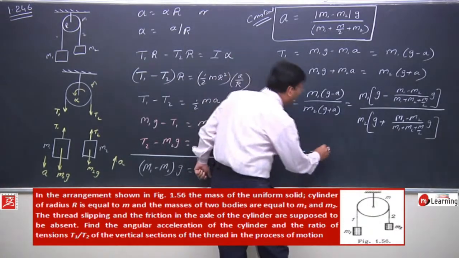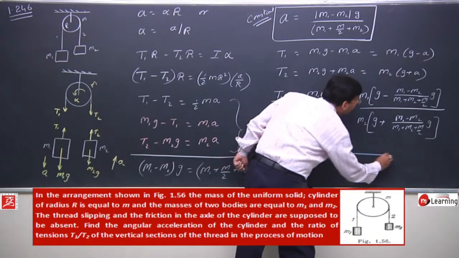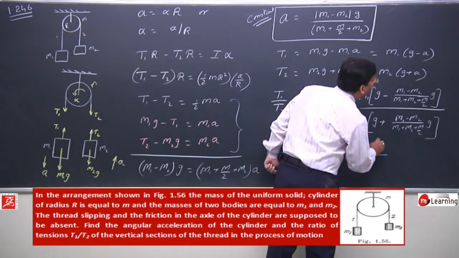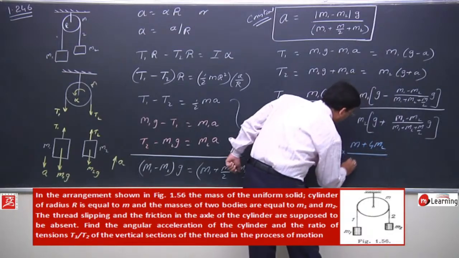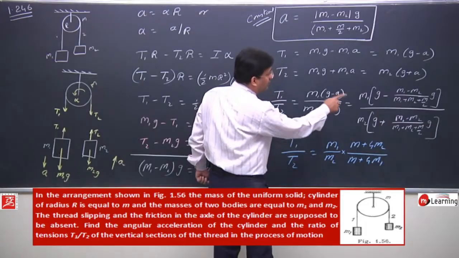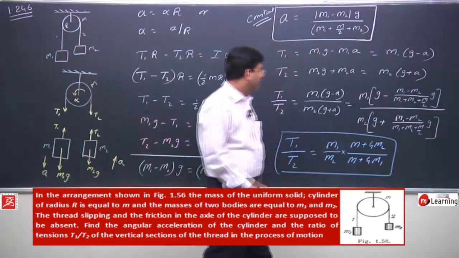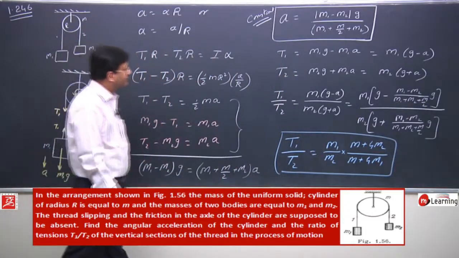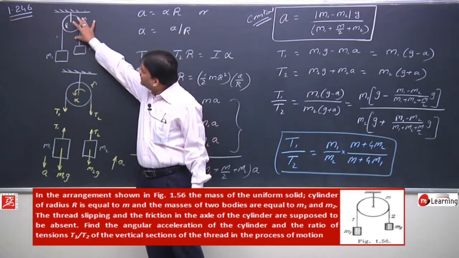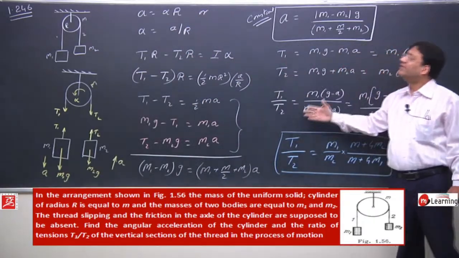T1 upon T2 would be m1 upon m2 into (m plus 4m2) upon (m plus 4m1), it seems. This would be the answer. Please solve it and check it. Here you just have to make 3 free body diagrams, for the disc cylinder and for 2 blocks, and write the equations for them. Please see the solution. Please check it.